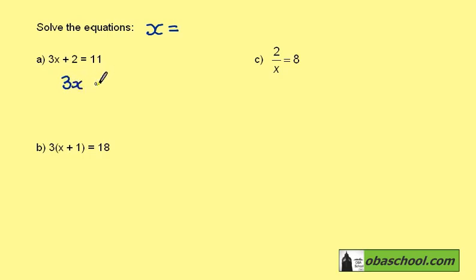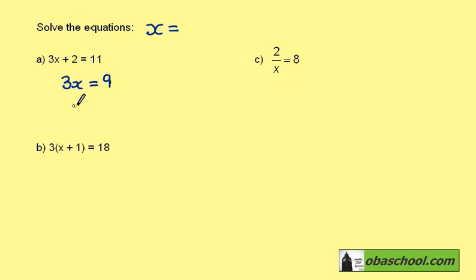Subtracting from the left-hand side just leaves us with the 3x. If we subtract from the right-hand side, 11 take 2 is 9. Remember, we must do the same thing to both sides.